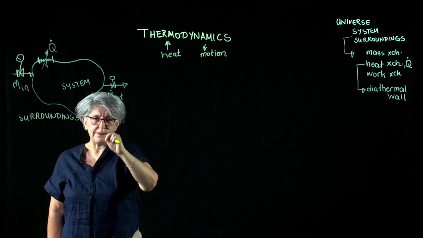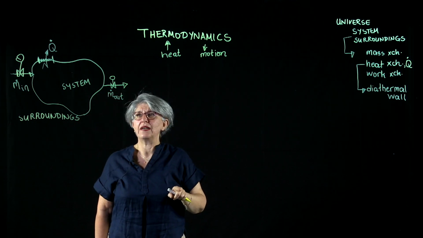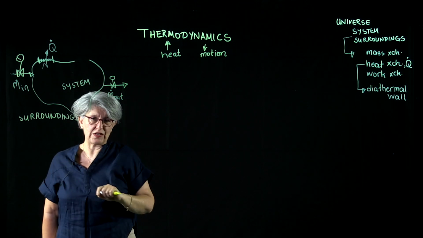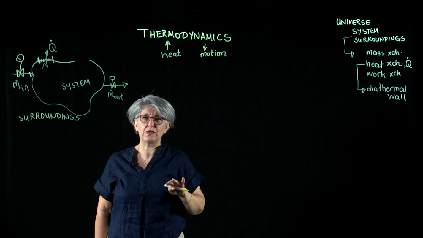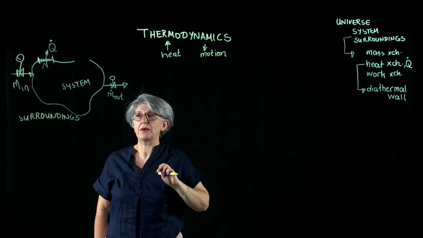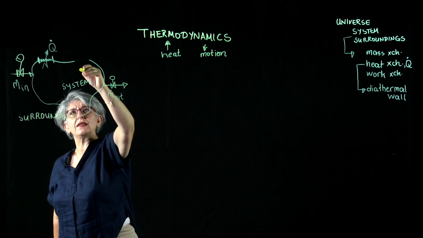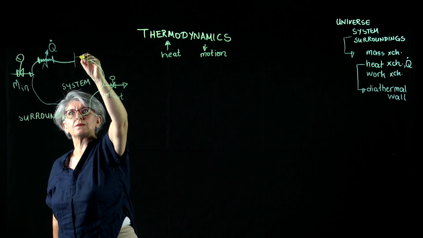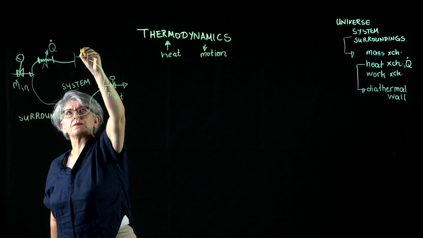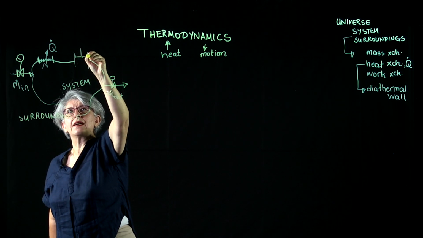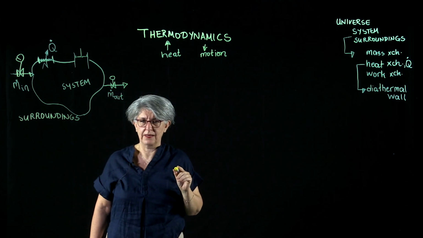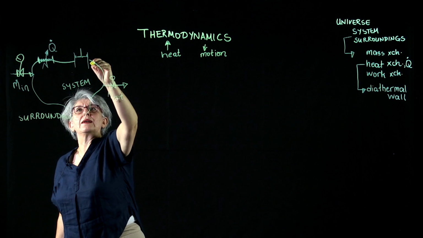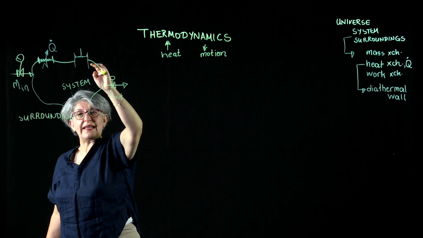Now my system and its surroundings interact also through work exchange. Now work exchange, as far as we are concerned, has three components. One of them is a surface boundary movement work. All right, so I have a piston and a cylinder.